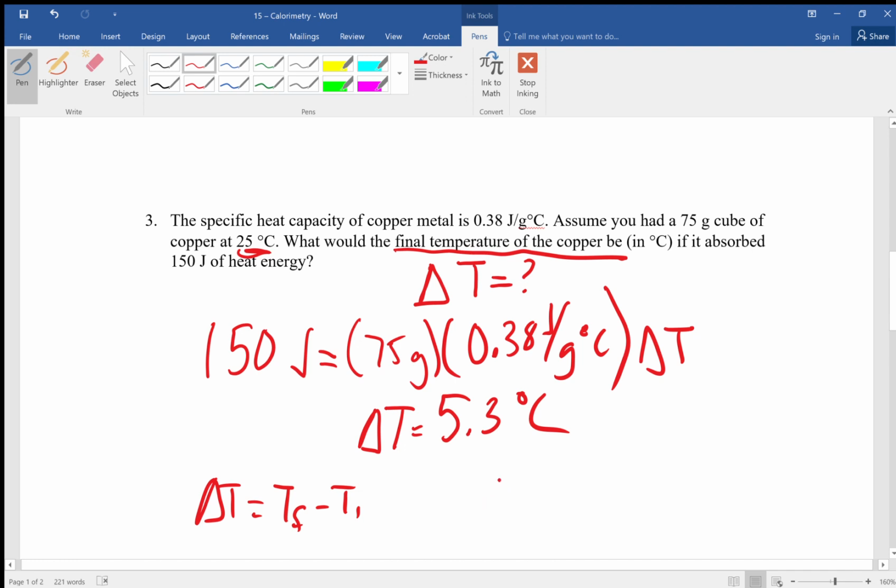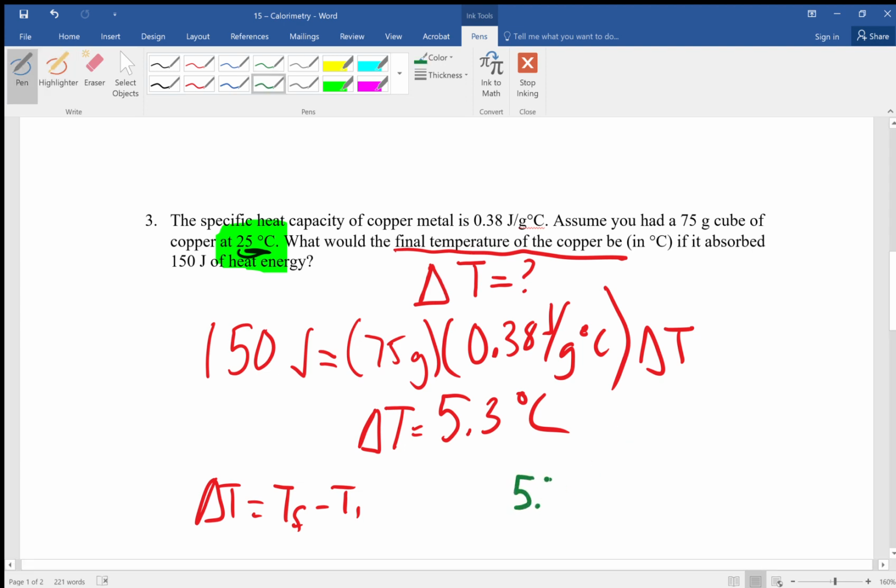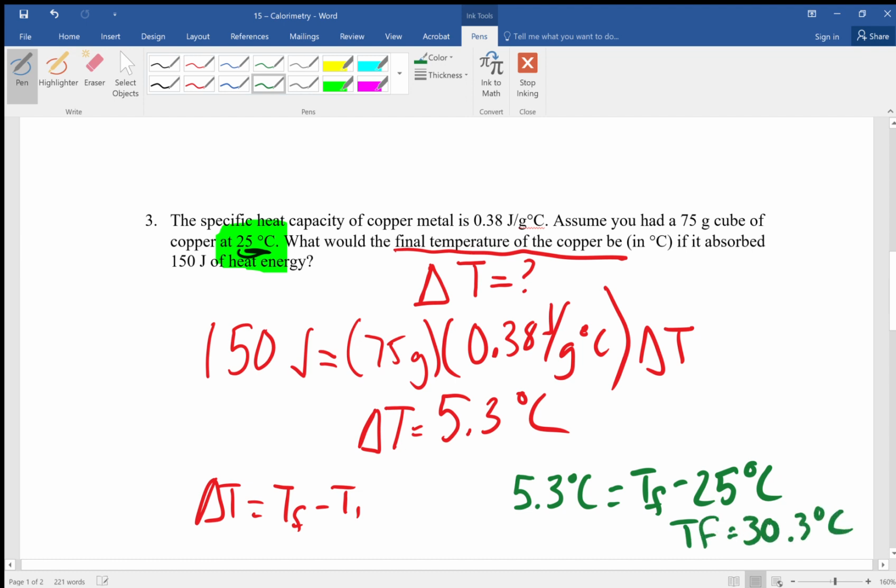And so T initial is what we're given in the question, 25 degrees Celsius. Delta T is what we just found. And so if we solve that, we get that T final is 30.3 degrees Celsius.